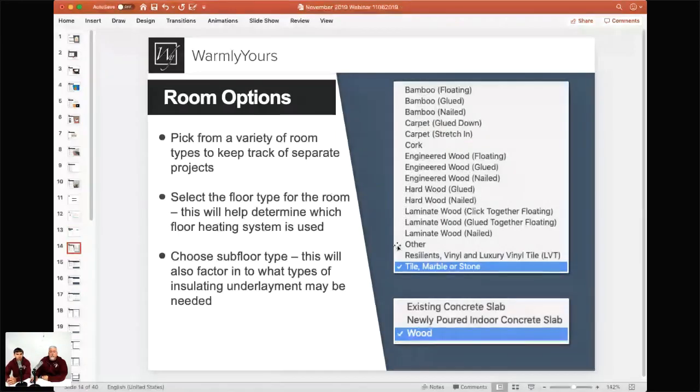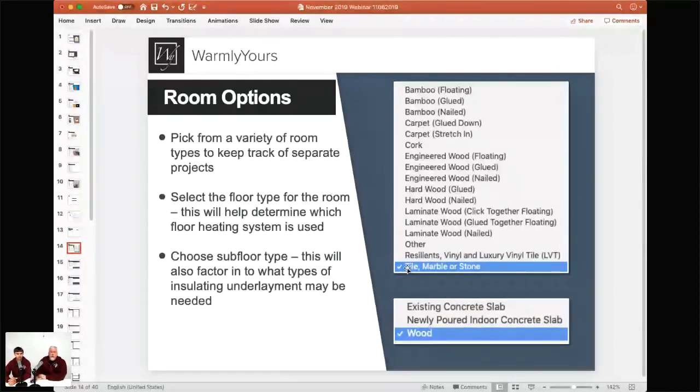If it's an engineered wood, make sure to specify whether it is floating, glued, or nailed down, because in later stages it will help our design team properly pick the right heating product and the right installation method. It might not sound like a big game changer, but it's still important, because a different type of heating product will dictate how many BTUs we can actually provide. So yes, it's very important.